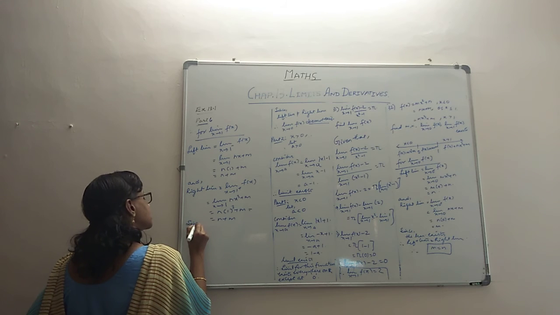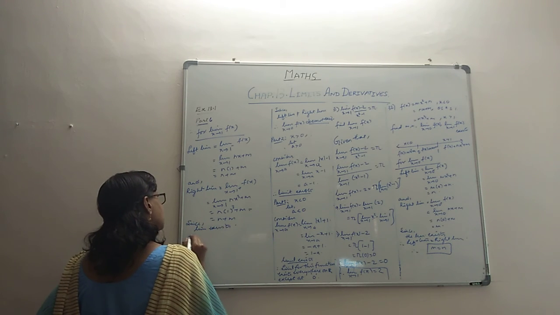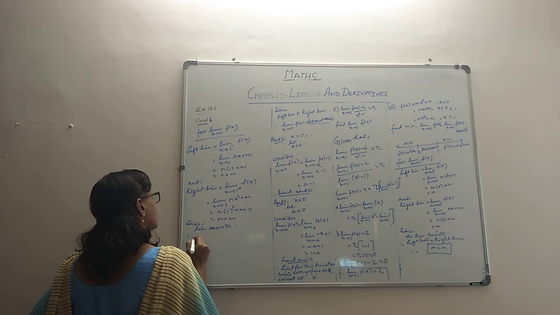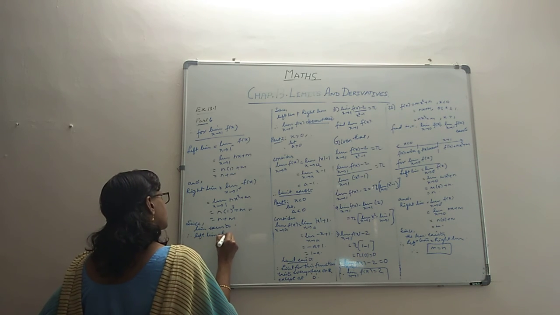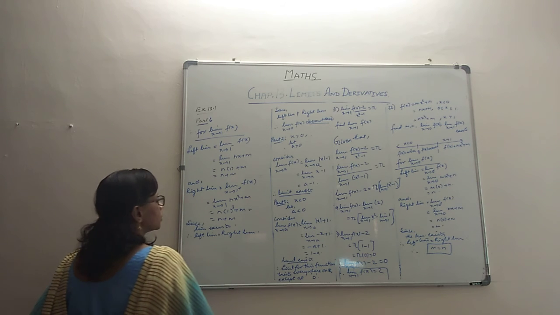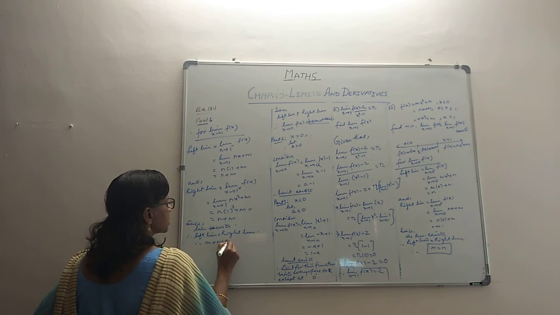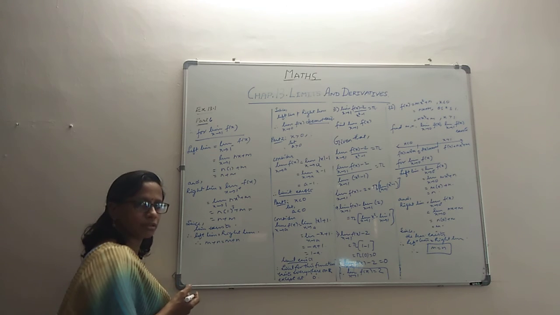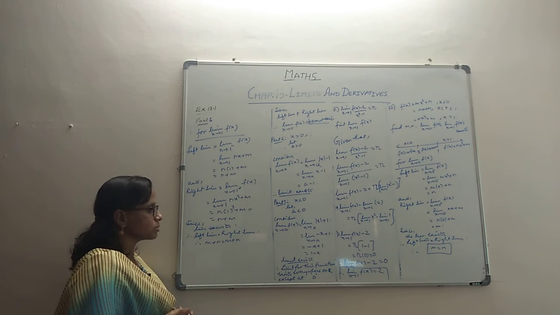Again the same thing, since the limit exists, therefore left limit is equal to right limit, m plus n equal to m plus n, which doesn't give anything. n plus m equal to m plus n absolutely doesn't give anything.